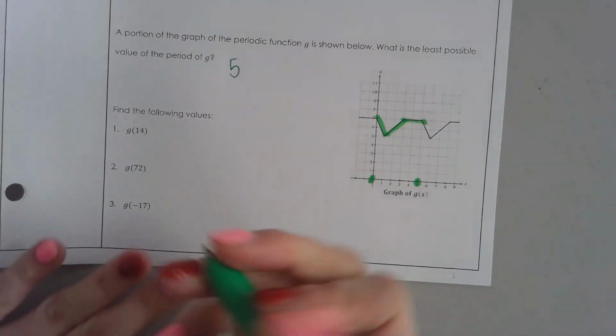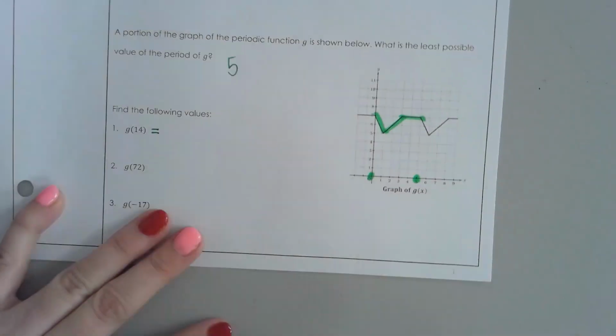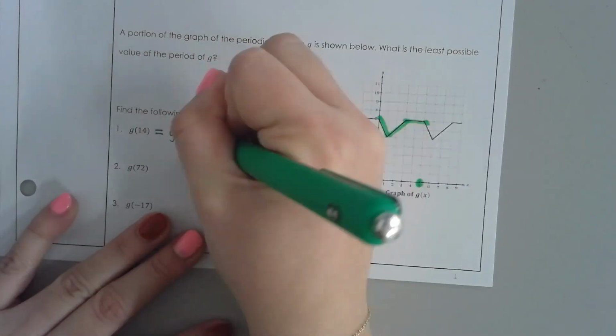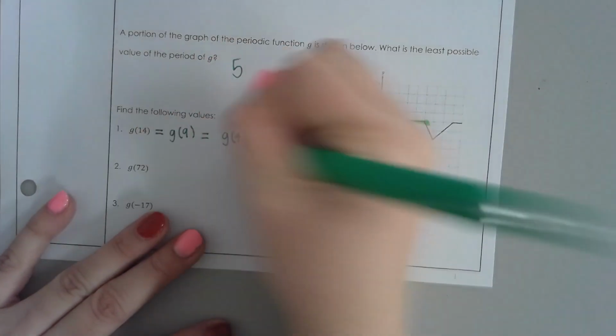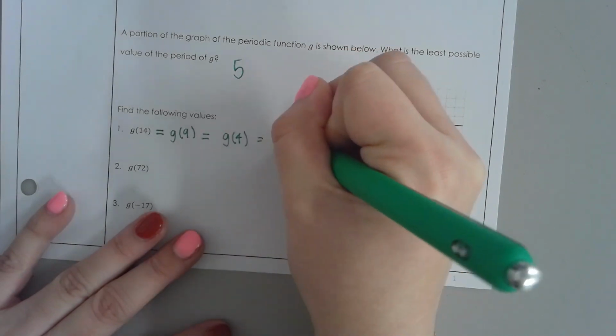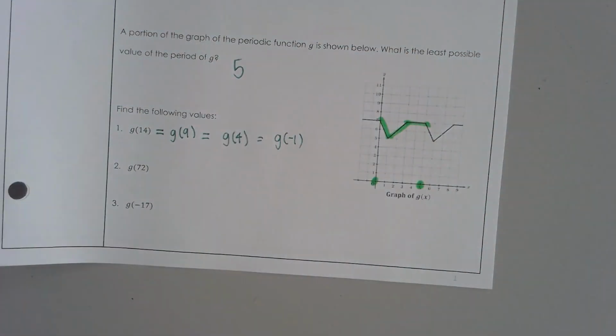So G of 14 is the same as G of 9, is the same as G of -1. All of those would have the same Y value. So every 5 units, because the period is 5, the Y values start repeating.